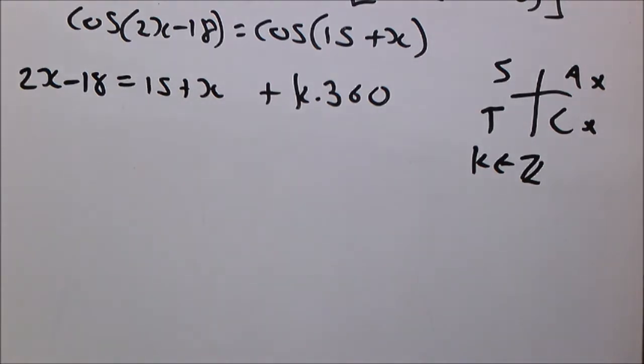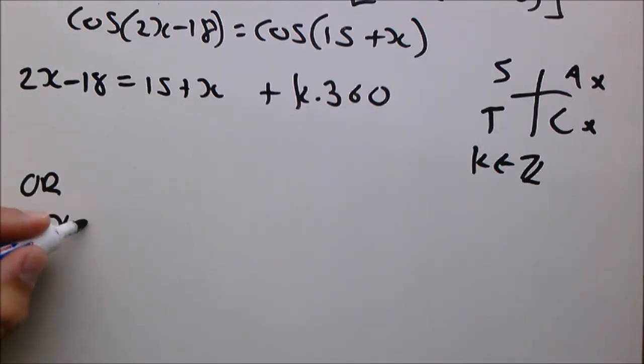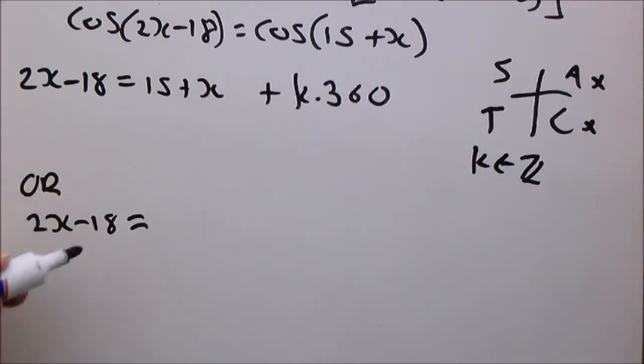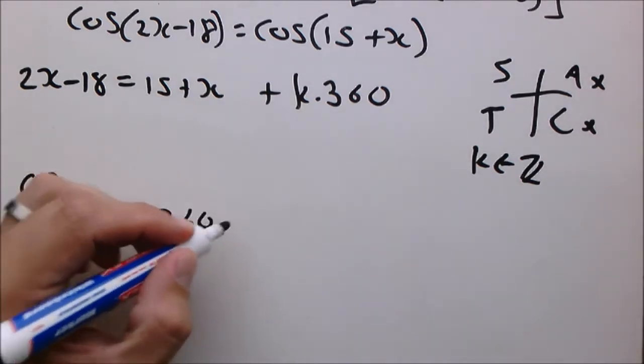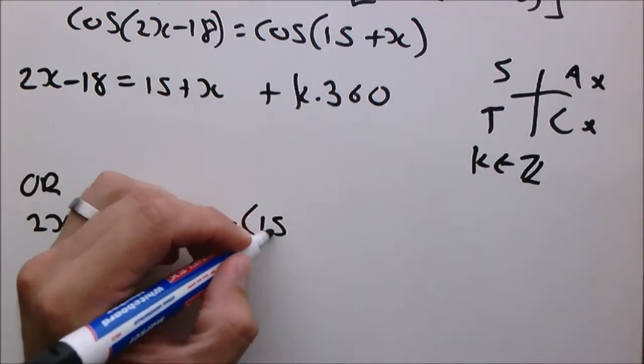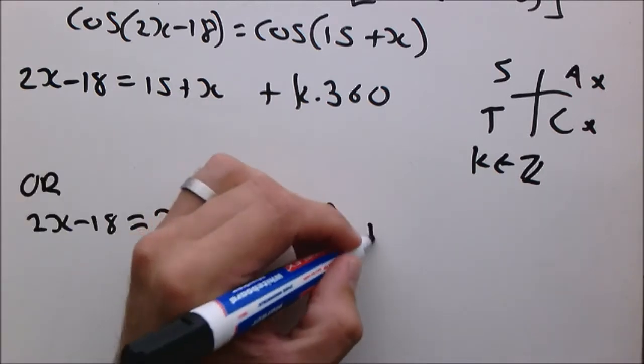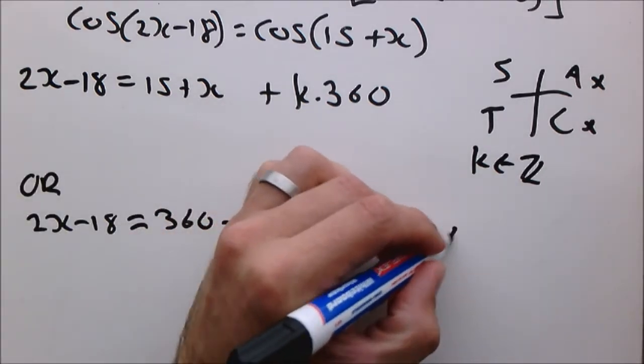So remember to leave some space open, and then from there on we are writing down the second expression of the solution. So 2x minus 18 equals, and now we're in the fourth quadrant, so 360 minus, remember your bracket, (15 plus x) plus k 360.